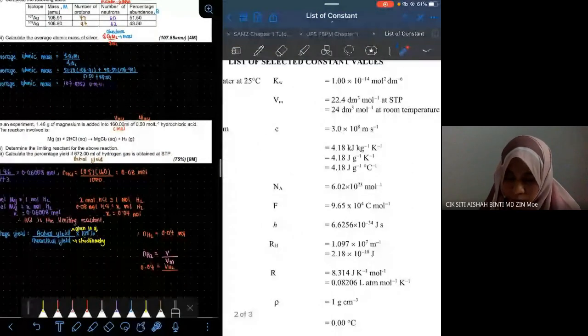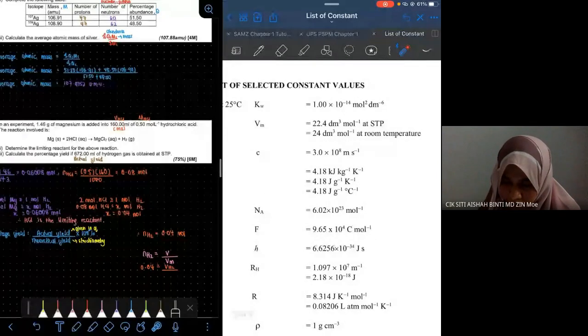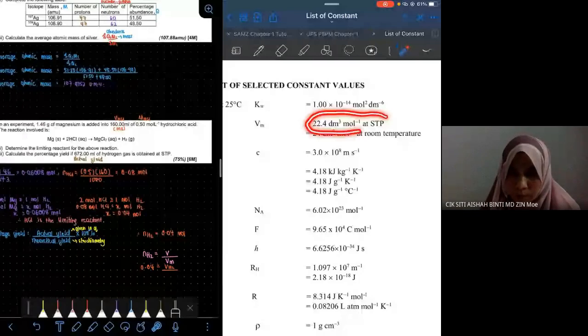The question is at STP. So STP is 22.4 liter per mole.